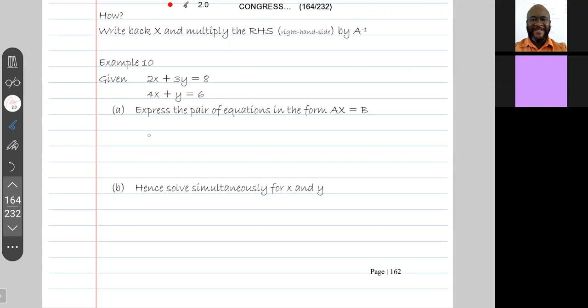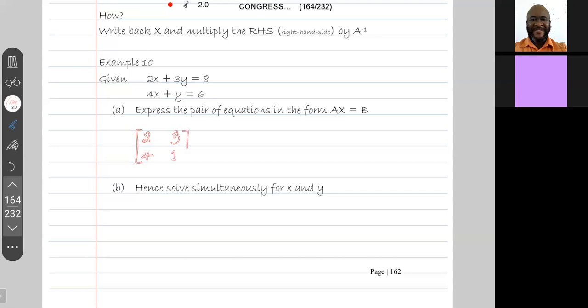So A is going to be your coefficient matrix. I'm simply going to take the coefficients of x and y. So this is 2 and 3, 4 and 1.